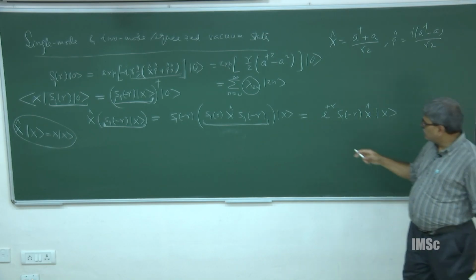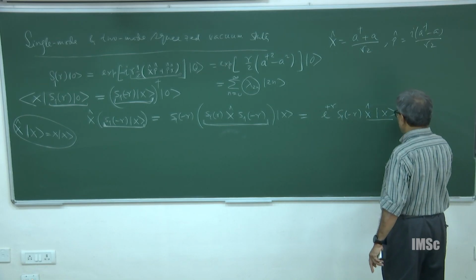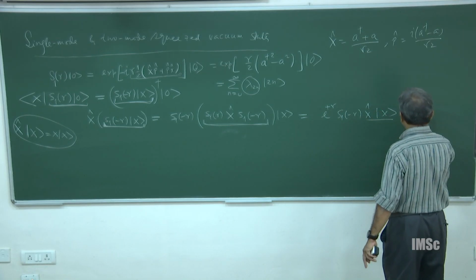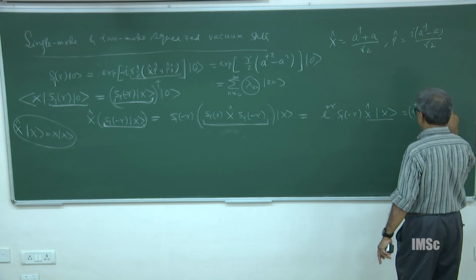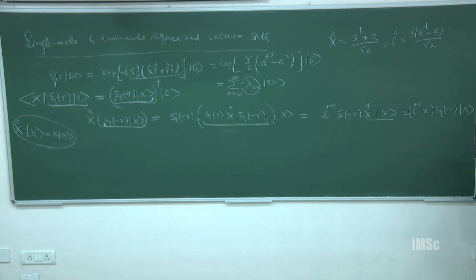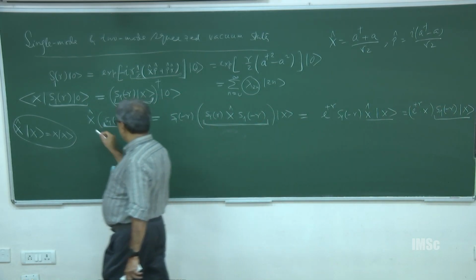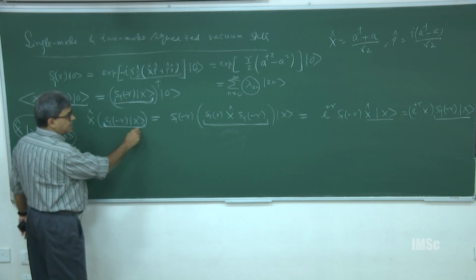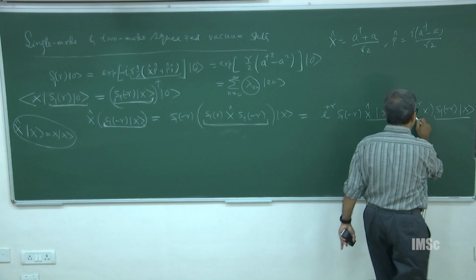Okay. And now this is just x. So e to the power plus r into x, and then S1 of minus r acting on x. So you see that this position operator acting on this state gives rise to the same state with this eigenvalue.